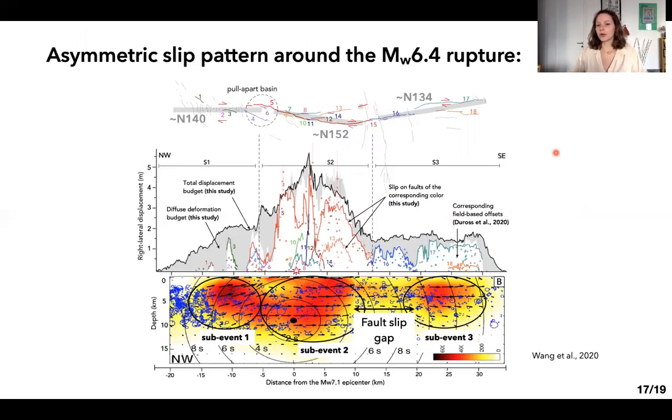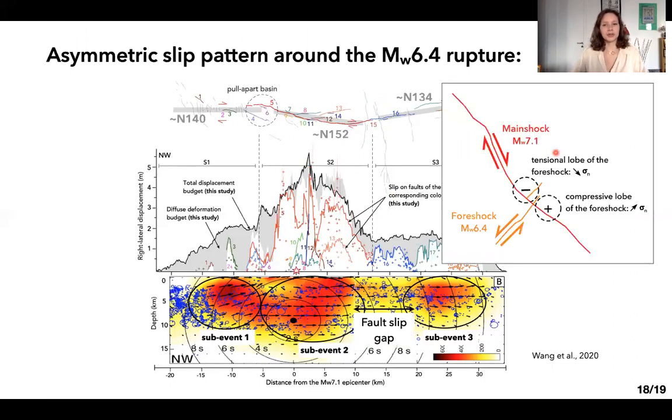So we were wondering why we have this fault gap at this location. When you do a sketch and look at the location of the two fault systems, you see that this part of the mainshock rupture is located in the compressive lobe of the foreshock, meaning that you increase normal stress on this part of the fault. And as you increase normal stress, you will have less fault slip in this region of the fault.